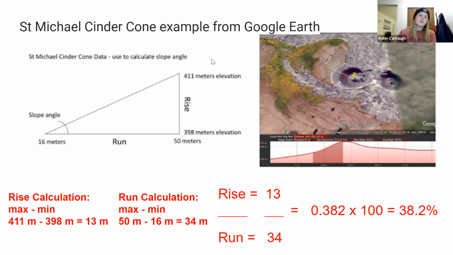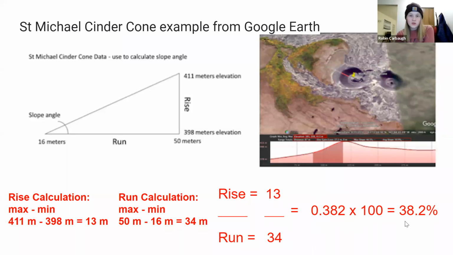We get a rise of 13, and then run, it would be 50 minus 16, a run of 34. You'd want to be finding positive numbers. So if you're finding negative, you did it backwards. 13 over 34. We could divide that out to get this slope gradient in decimal form of 0.382. We can convert that to a percent by multiplying by 100.